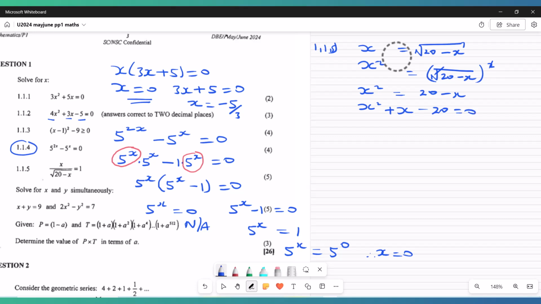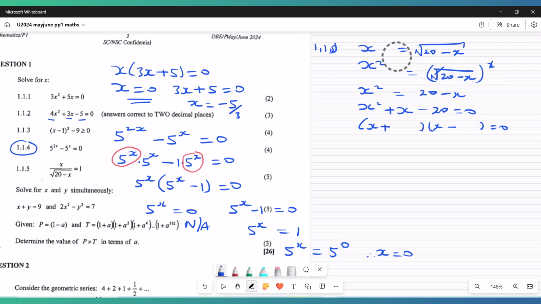So what are the factors here? We can see I have a bracket here with the x, another x here, and equals to 0. Now because I'm dealing with negative 20, look for two numbers that multiply to get negative 20, but when you add, you get positive 1. And because it's a negative 20 here, I'm going to have opposite signs, a positive sign and a negative sign.